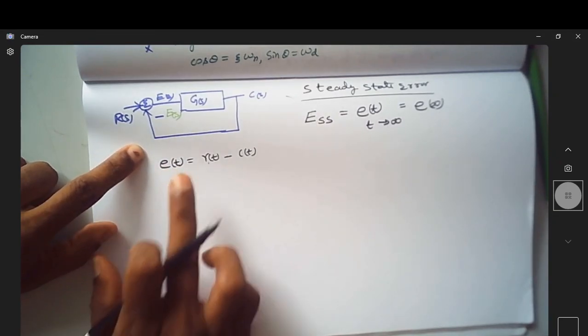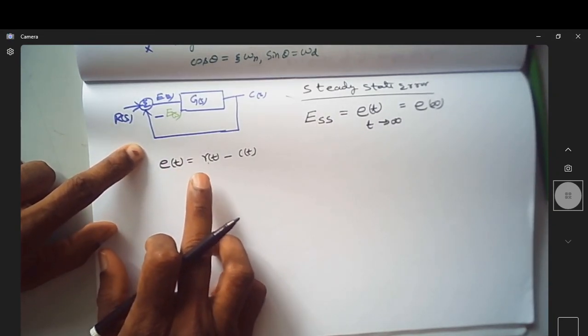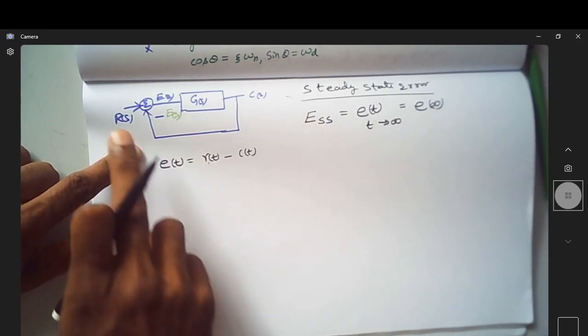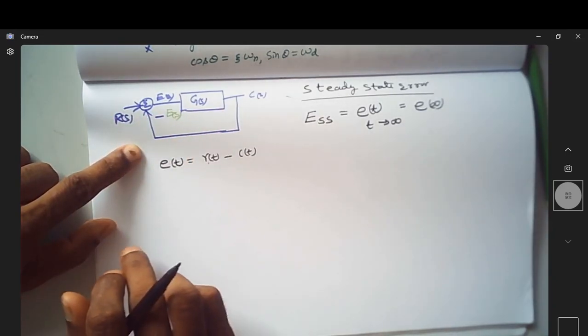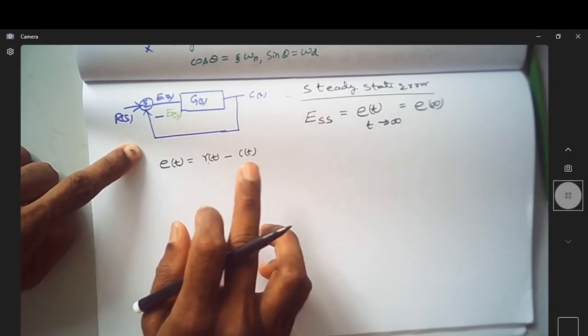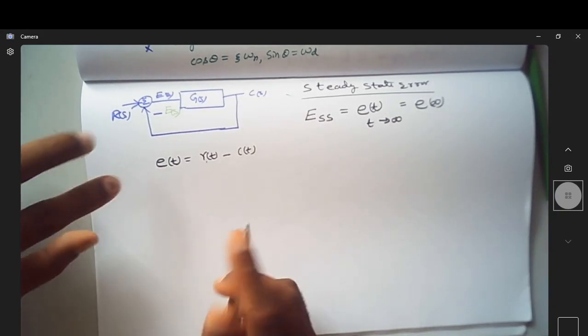So the error signal in general can be written as the difference of the expected output, which happens to be the input for a general system, r(t) minus c(t), where c(t) is the actual output of the system.